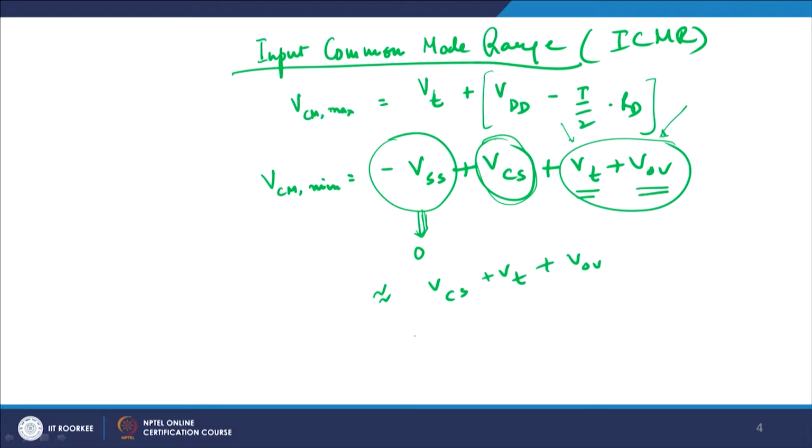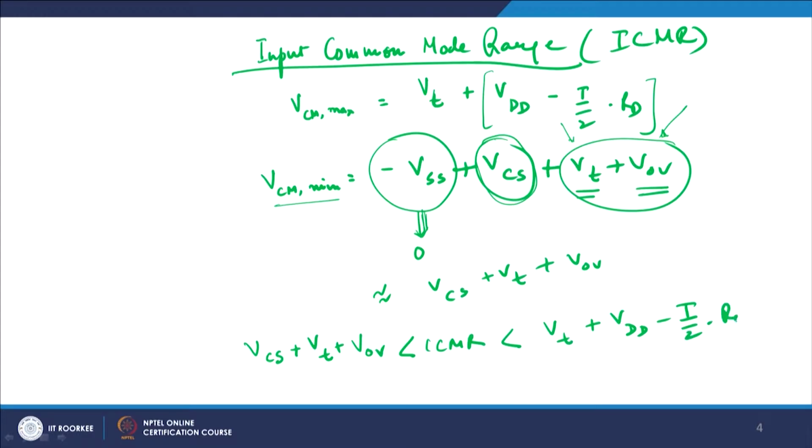So the ICMR should be greater than, assuming VSS equals 0, VCS plus Vt plus V overdrive, and should be less than Vt plus VDD minus I by 2 into RD, fine. So this is what you get maximum.